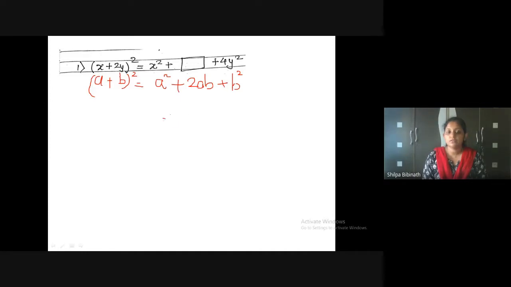So 2 into what is a there? X into b is what? 2y. Multiply, what will be the answer? 2 2s are 4, 4xy. Okay, so this will be your answer here in the box, 4xy.